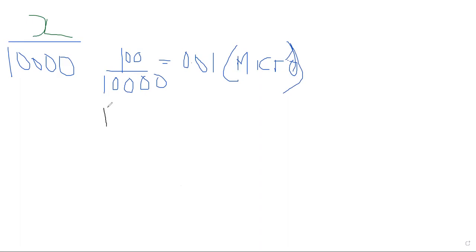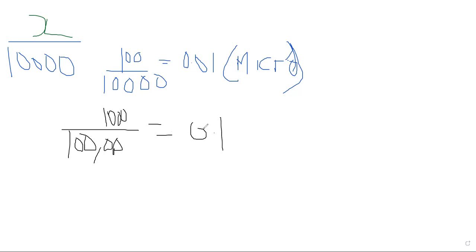What is now a mini lot size? Let's say you have $1,000. 1,000 over 10,000, because you are dividing by 10,000, will give you 0.1.